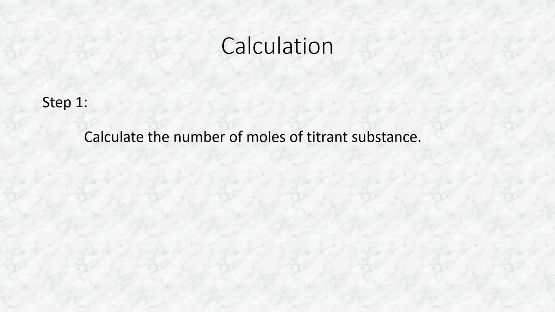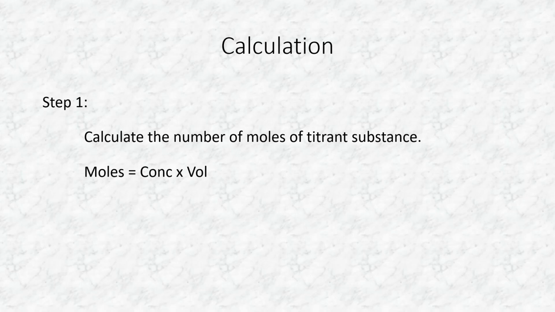Once we have those, what do we do with them? Well, step one is to calculate the number of moles of titrant substance. This is fairly straightforward. The number of moles equals the concentration in moles per decimeter cubed of that titrant solution times the volume. It's important to realize because the concentration is in moles per decimeter cubed, you need to quote the volume in decimeters cubed. You will have noted the volume from the burette in milliliters or centimeters cubed.